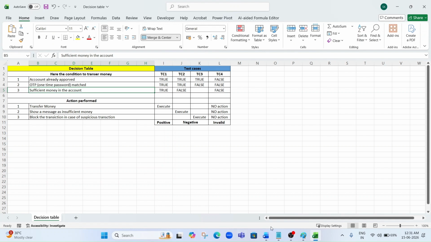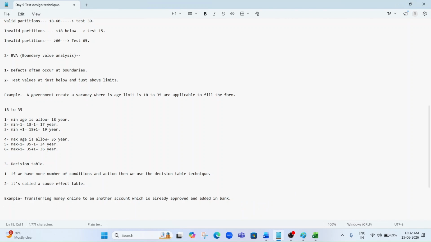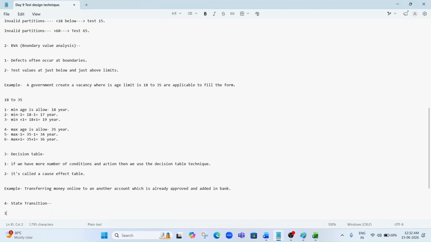Okay. So the fourth one is state transition. In the state transition technique, changing input conditions changes the state of the application.